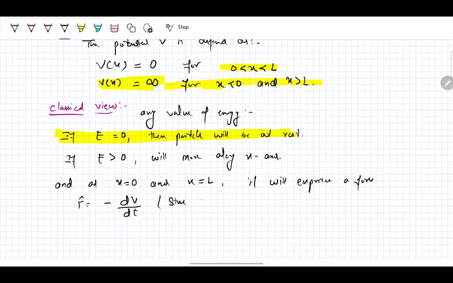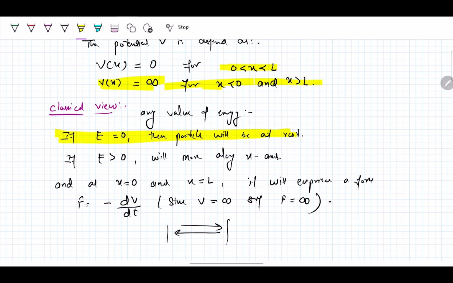Since the potential is infinite at the walls of this box, the force is also infinite. This force is in the direction opposite to its motion, and the particle is reflected from the walls and thus moves back and forth within this box.